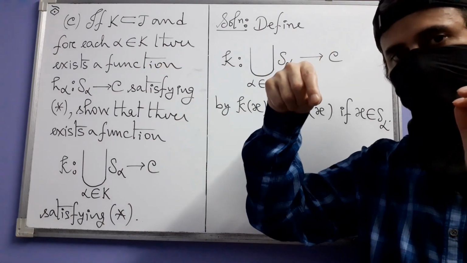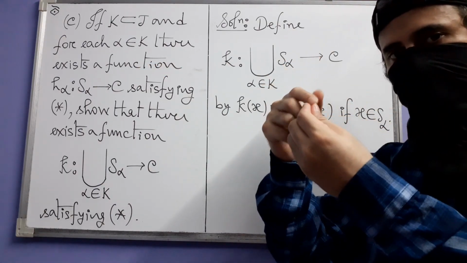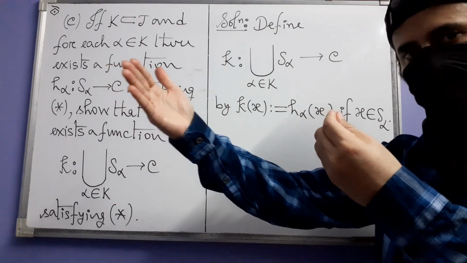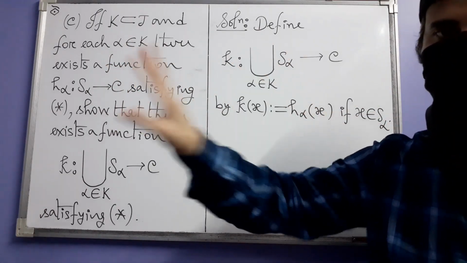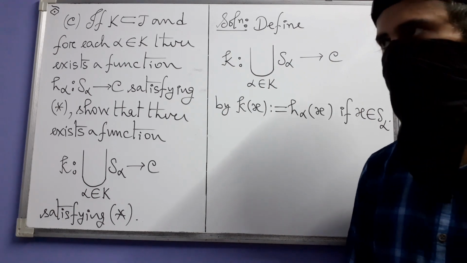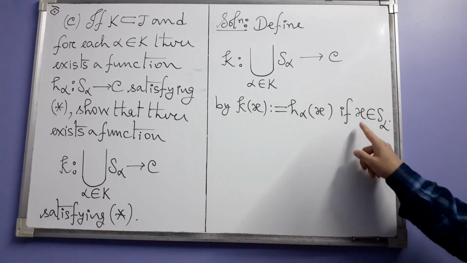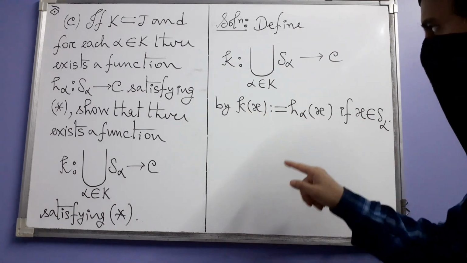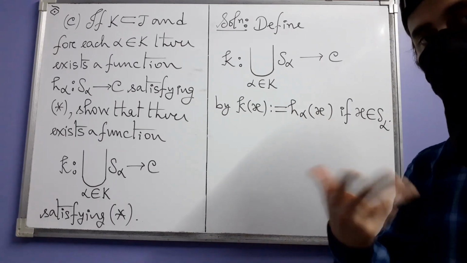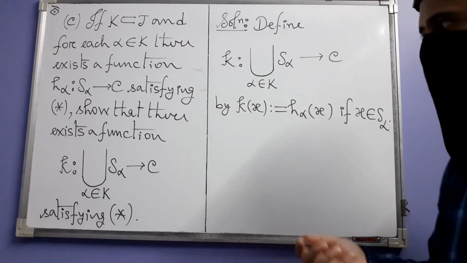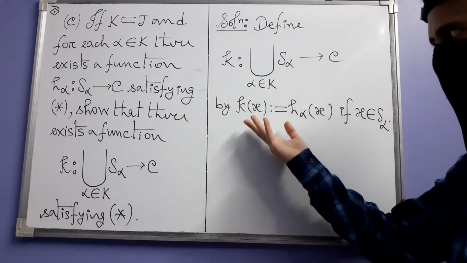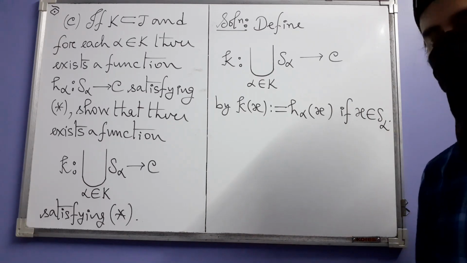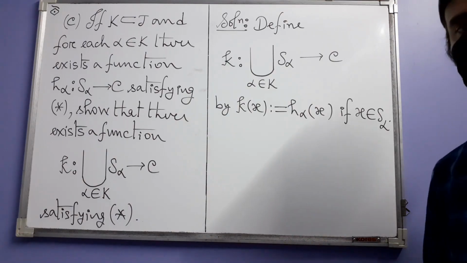And S beta is the set of all elements of J that are less than beta. So these two sets are not disjoint. That common part is there. In that case, will K of X be H alpha of X or H beta of X? So we have to first of all clarify this. In other words, we have to show that K is well defined. So let's see how that can be shown.